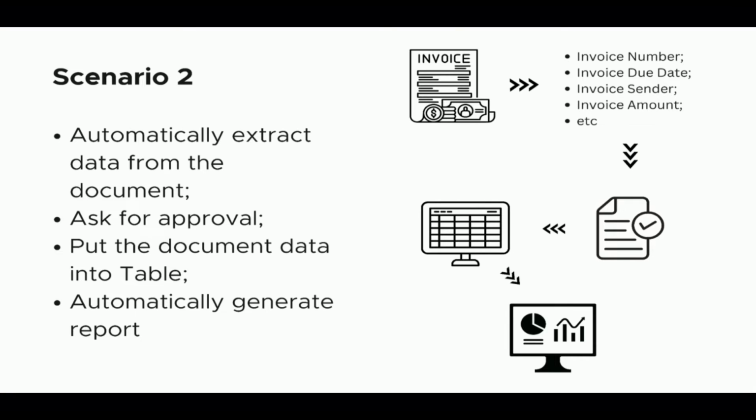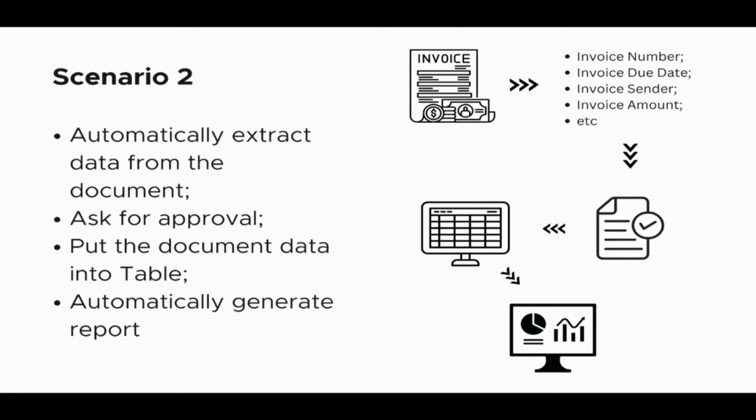So now let's automate our second scenario. It's a similar one, but more complex. So right now we want to automatically extract data from the invoice. Then we want to ask for approval of our manager before processing this invoice.